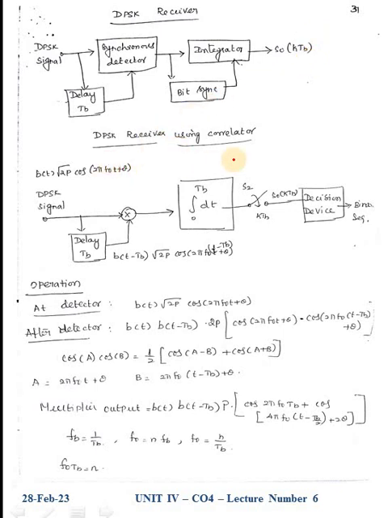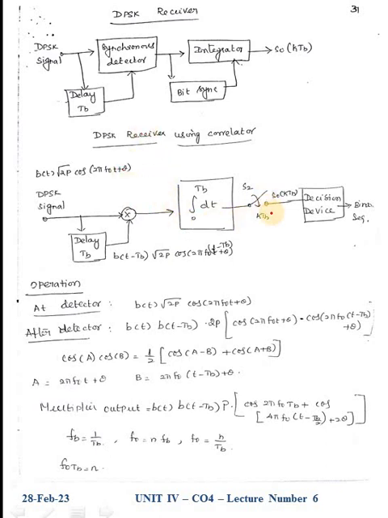Now the DPSK receiver using a correlator. This is the block diagram. Here the DPSK signal is given to one product multiplier. We are introducing a delay element here, so one phase shift is introduced here and another phase shift is introduced here. Here one integrator is used to obtain the carrier synchronization.